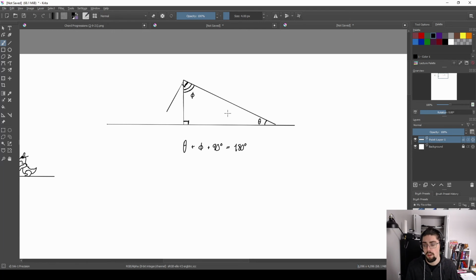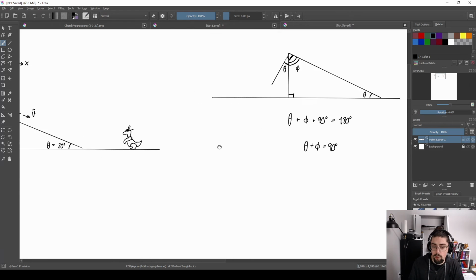Must be true. That is to say, theta plus phi is equal to 90. If I know that I have a right angle right here, that's 90 minus phi should give me theta. That's how I solve that one out.